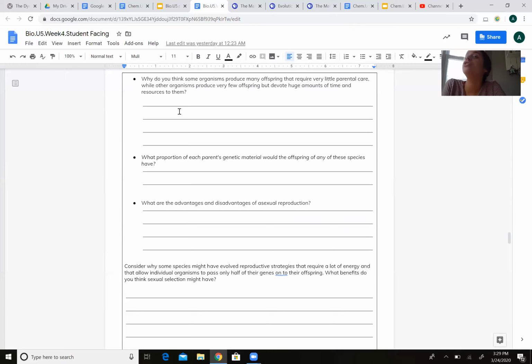And so this could be as simple as a spider produces thousands or hundreds of offspring because they're so tiny that a lot of those spiders are going to get squished or eaten by something else, by other spiders, by birds, by all this other stuff. So they need to produce more offspring because they're less likely to survive.